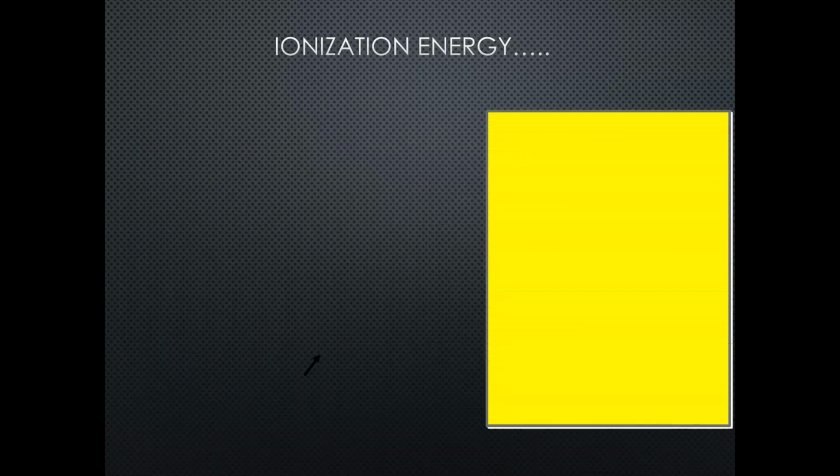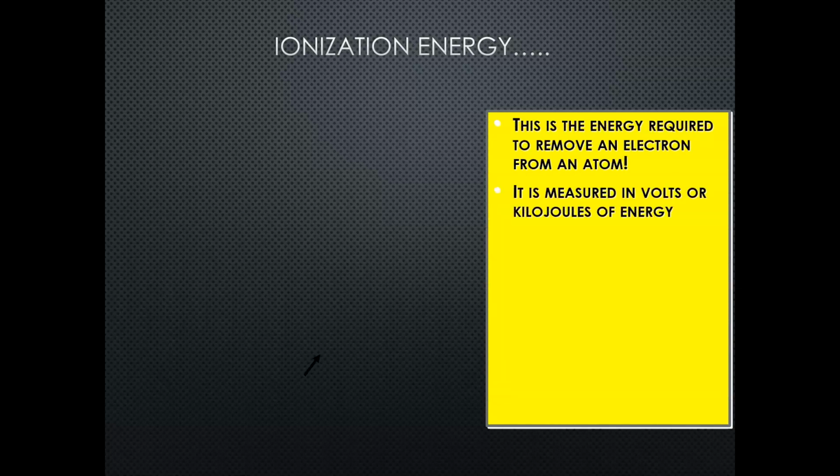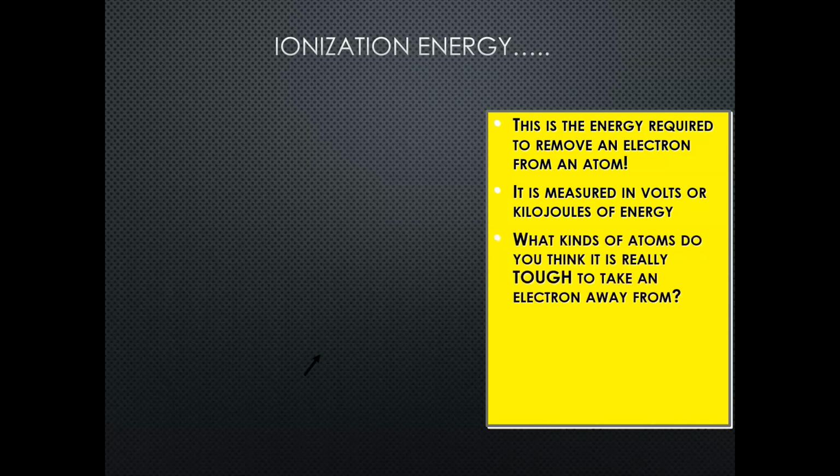And then we need to look at the ionization energy. This is the energy that we need in order to remove an electron from an atom, and it's measured in kilojoules or volts. What kind of atoms do you think are really tough to take an electron away from?